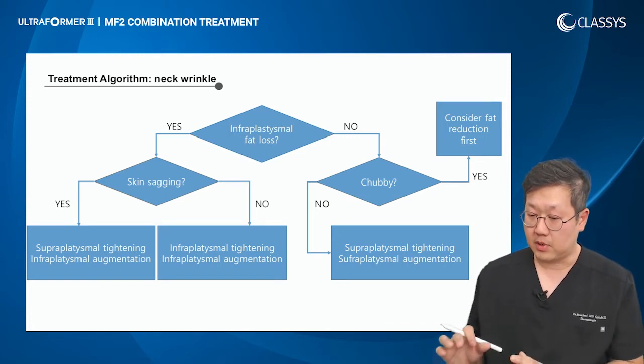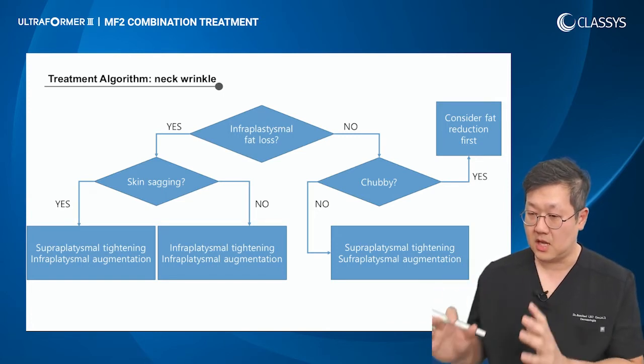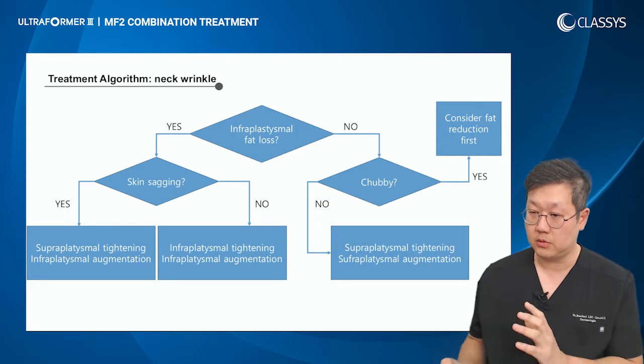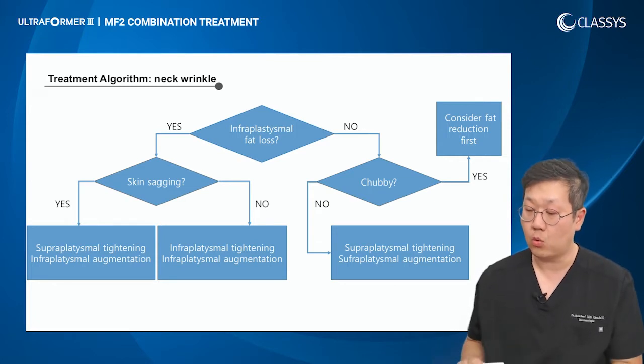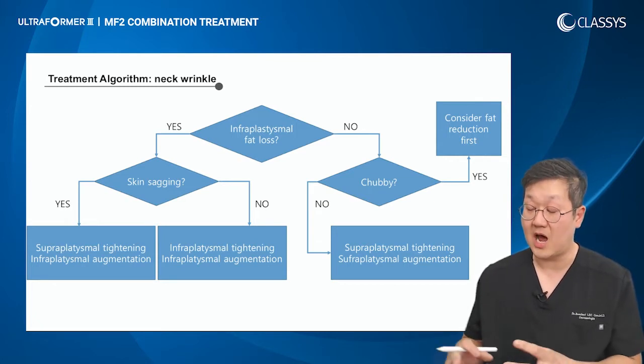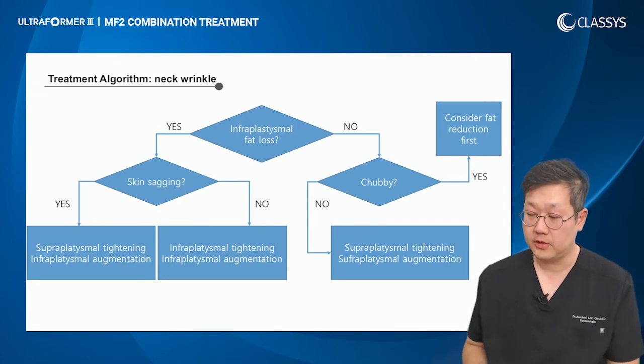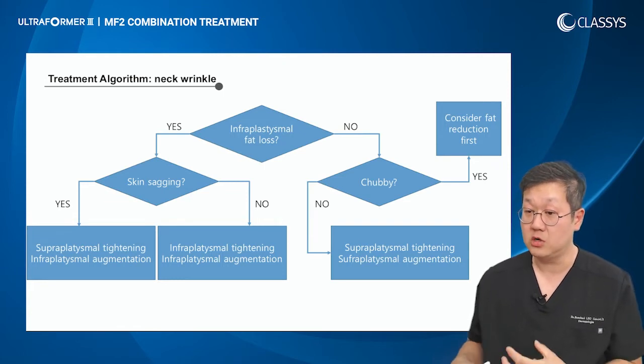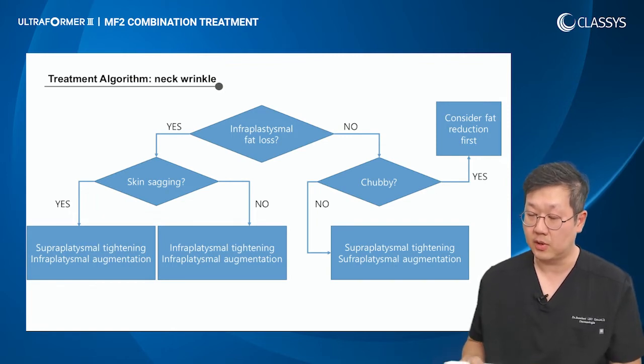If infraplatismal fat loss is not observed, if the patient is very chubby or has a lot of fat tissue inside, firstly we have to consider fat reduction, because if the fat is bulging out with a low hyoid, lipolysis should come first, because we cannot remove that with just skin tightening or dermal tightening.